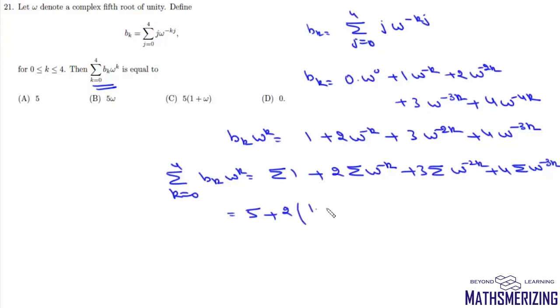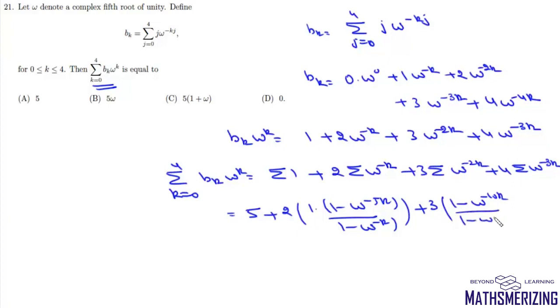So its sum will be a times (1 - omega to the power -5k) upon (1 - omega to the power -k). In the same way, the second one will be (1 - omega to the power -10k) upon (1 - omega to the power -2k), and then plus 4 times (1 - omega to the power -15k) upon (1 - omega to the power -3k).